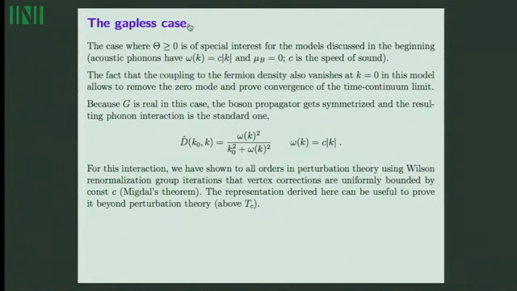So if vertex corrections are very, very small, then a certain set of so-called Schwinger-Dyson equations almost closes. So you get a very good approximation to the full theory by considering just a set of two integral equations. And that is the deeper reason why the BCS theory is so accurate. And so for this reason it is interesting to prove Migdal's theorem.